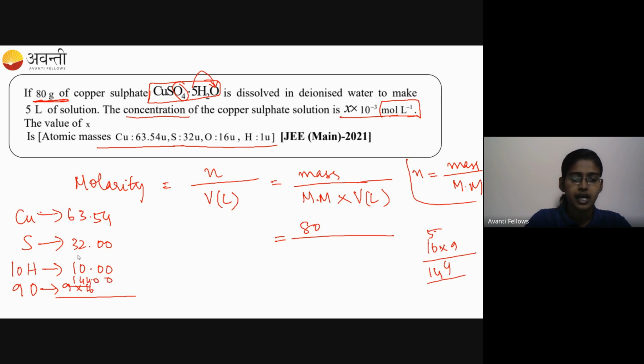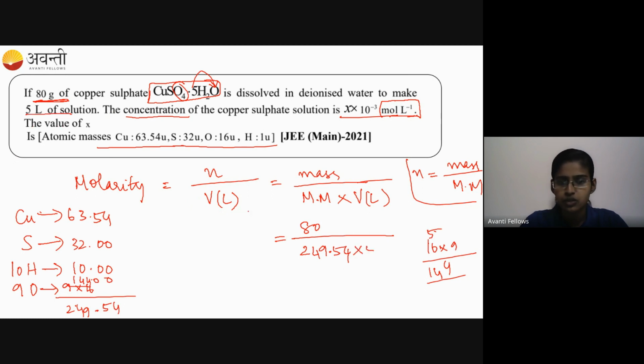Now if I add all these things, we will get 249.54 is the molar mass of the compound. And coming to the volume, it is given 5 liter. It is already given in terms of liter only.